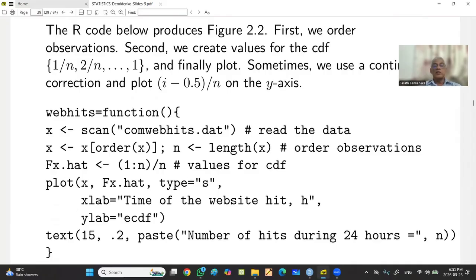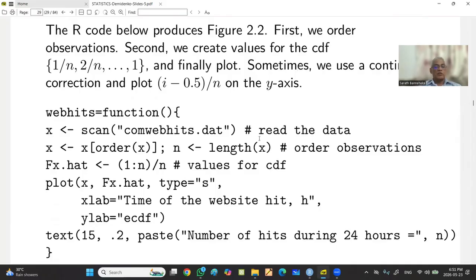And then in addition, it wants to put a label for the X lab, because otherwise it will put X here, the original value name we give. But what we want is to change the X label. It has time of the website hit, and it wants to denote it by H instead of X here. So it's giving everything that we want as the X label within quotes.